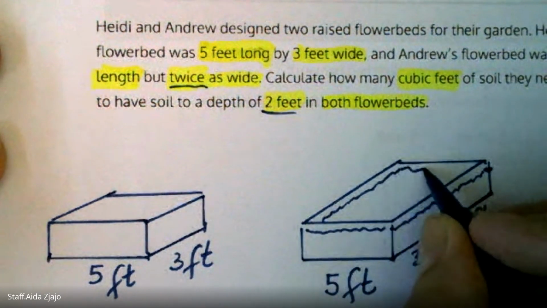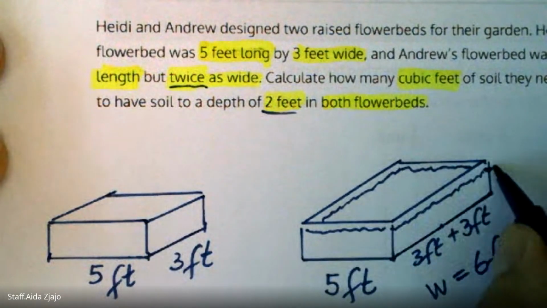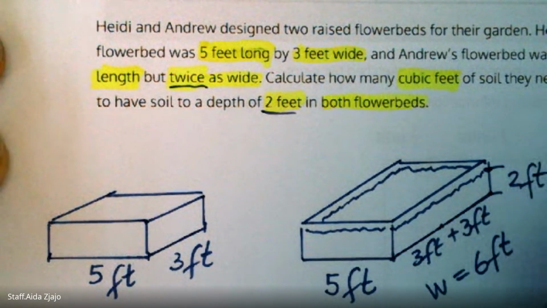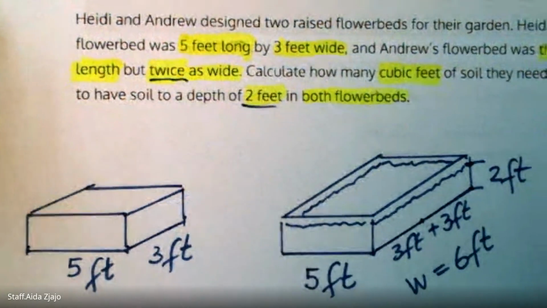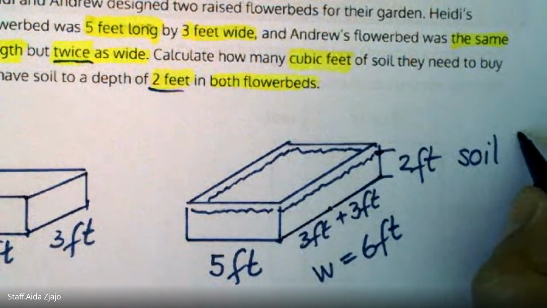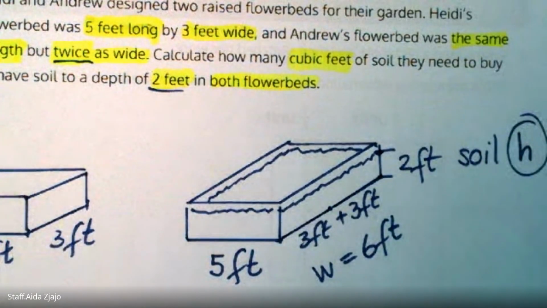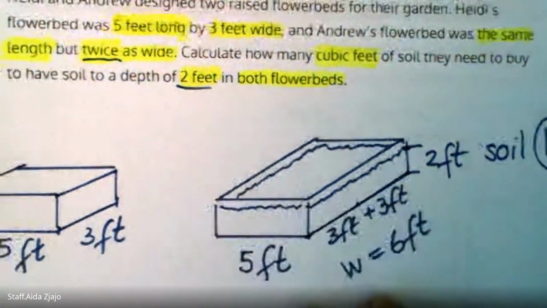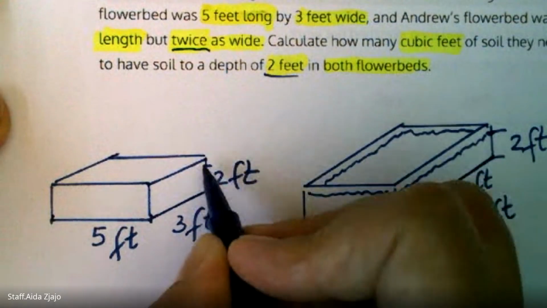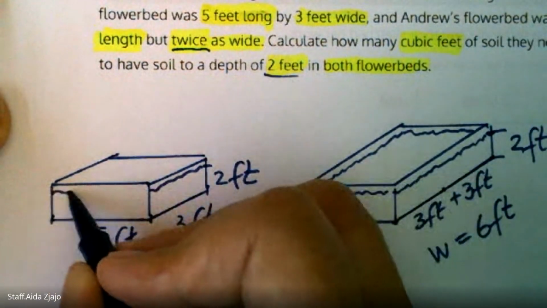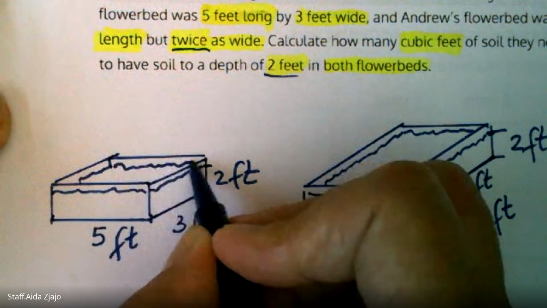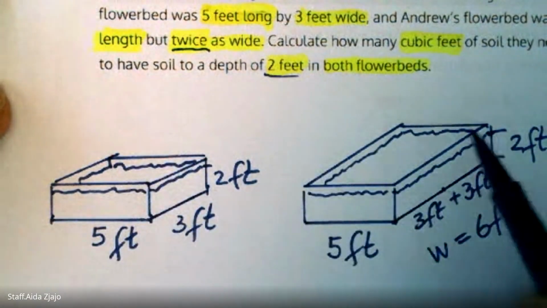It will be a little bit up. So the thing is the soil has to be 2 feet. Soil height, H. Same thing for her. Soil has to be 2 feet. So if the soil goes till here.